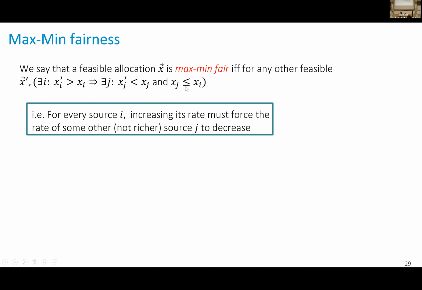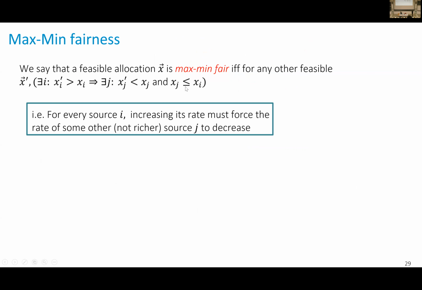That will give us the maximum common value. And then close the sources that obtain binding constraints, so the sources that use a saturated link, and continue increasing the others at the same pace, giving the same rates to others, until we have no source that can be increased.